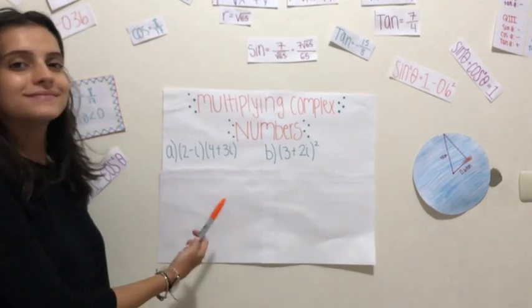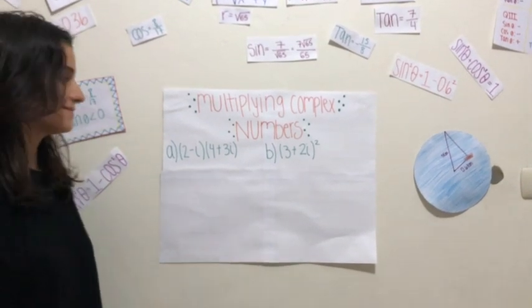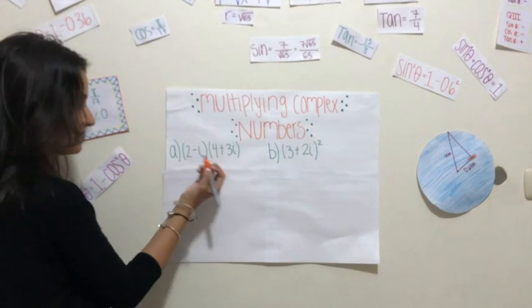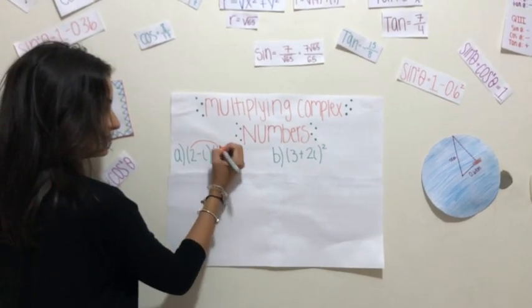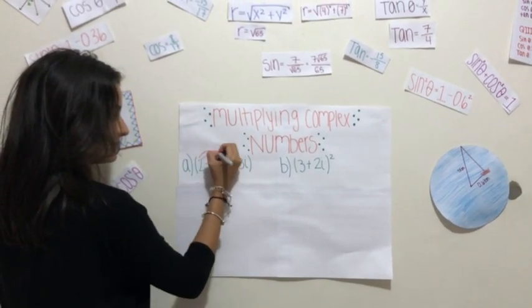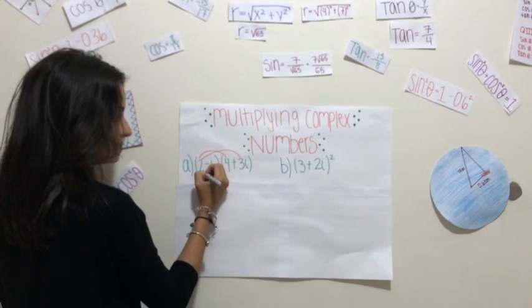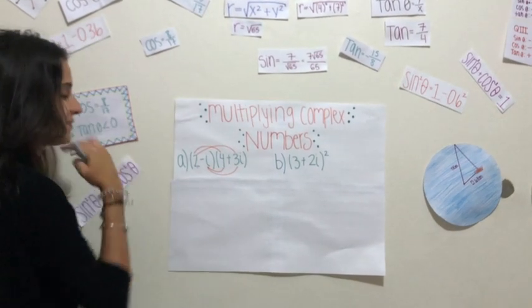Here we're going to be talking about multiplying complex numbers. First, we're going to do FOIL, which is first, outer, inner, and last.